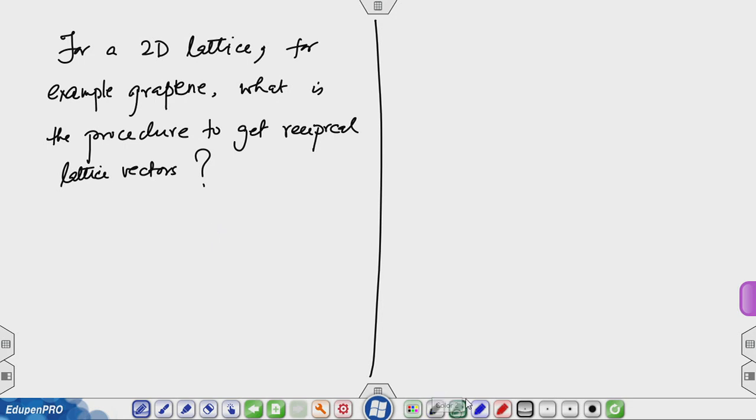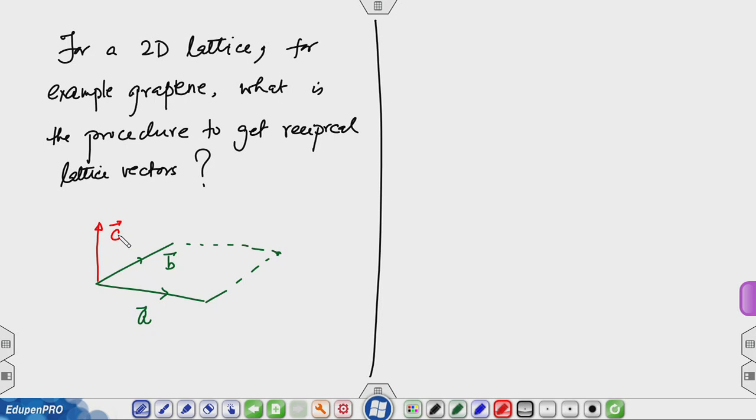So, let us see, if I have in 2D a unit vector A and unit vector B. So, this is the lattice. How do I get the reciprocal vectors? So, what I would think of this as having a third lattice vector C perpendicular to it, and that will make a 3-dimensional lattice, and then make the reciprocal lattice vectors.